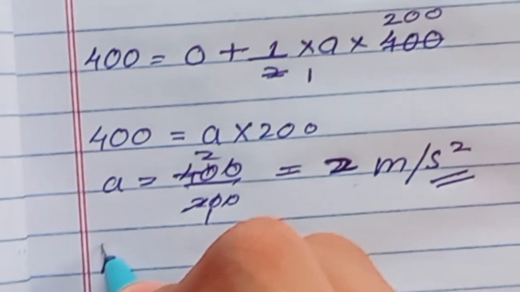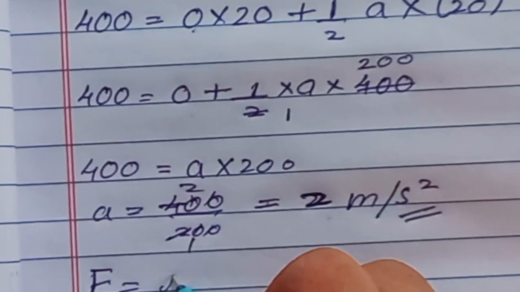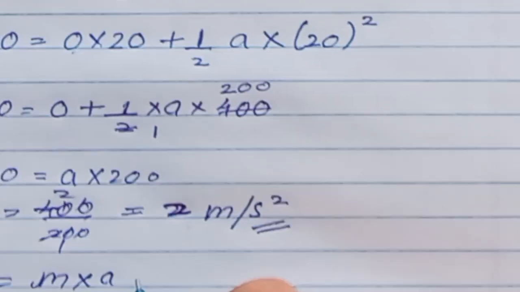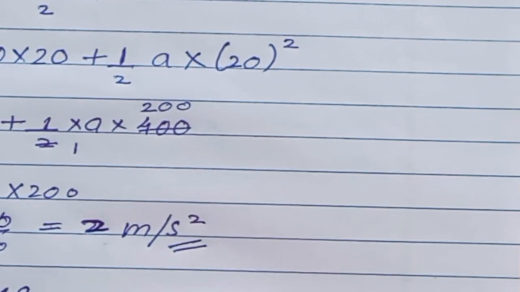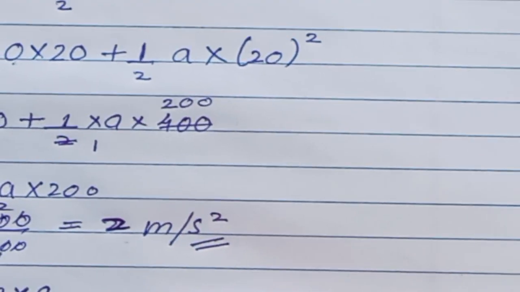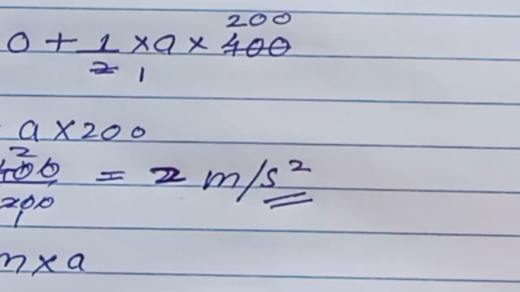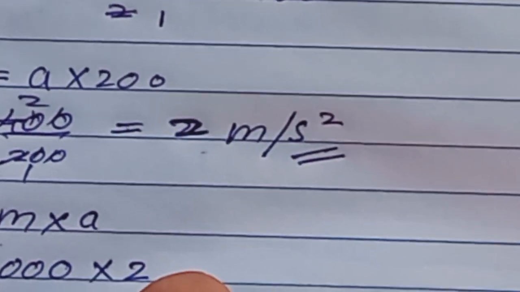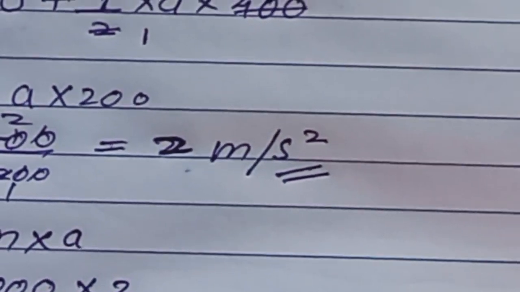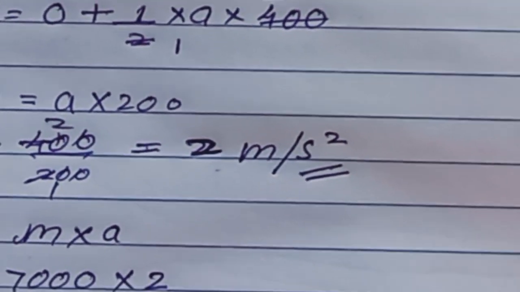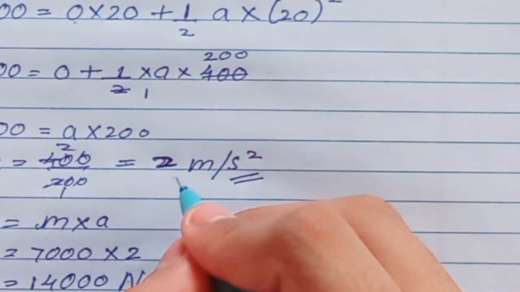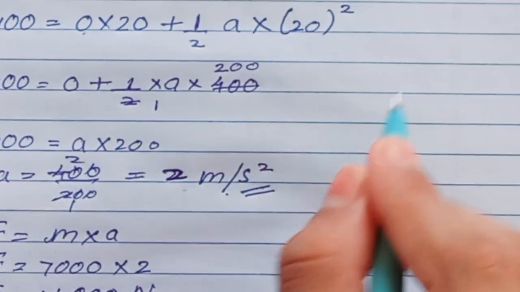Now we can simply find force, which has the formula m × a, where m is mass and a is acceleration. So the force is 7000 × 2, which gives 14,000 newtons. So the force will be 14,000 newtons and the acceleration will be 2 m/s².